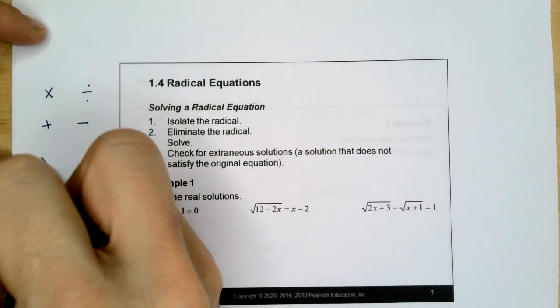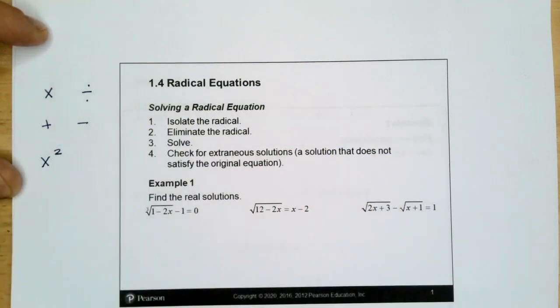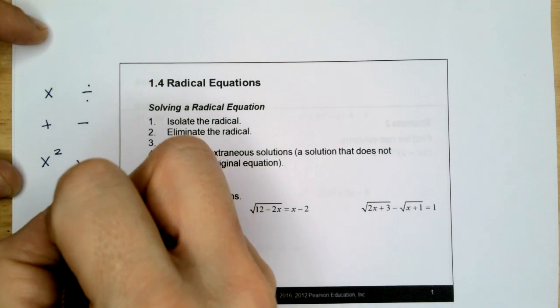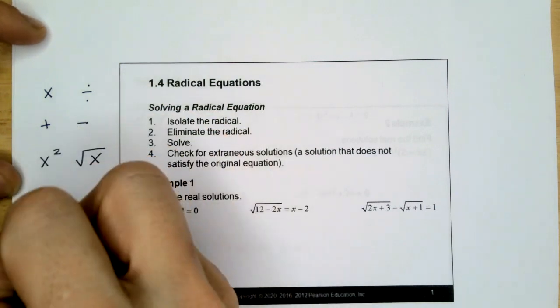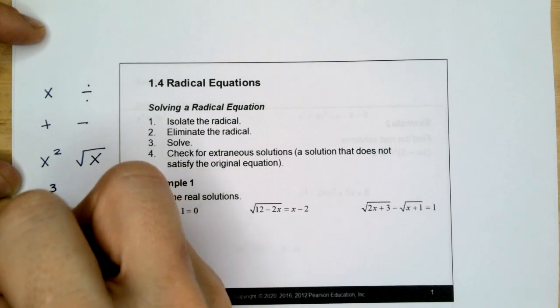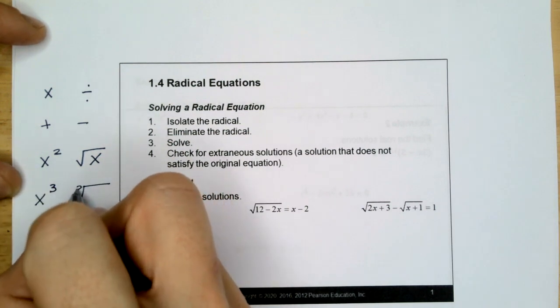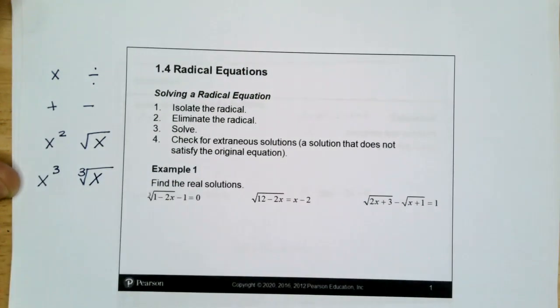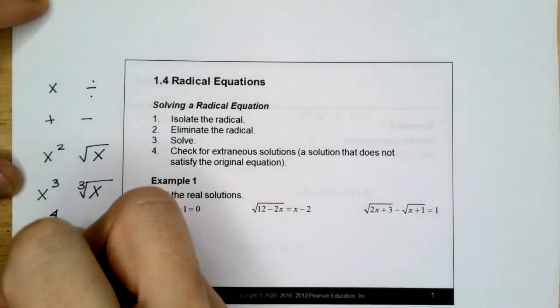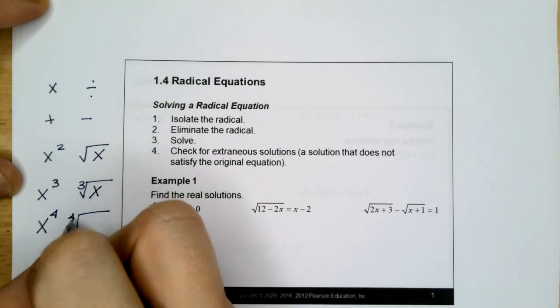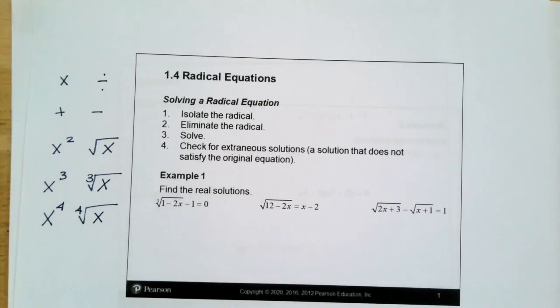And then when it comes to a square, the square root is the inverse operation of the square operation. So if you're taking a term and raising it to the third power, the third root of that term would be the inverse of that term. Good? And it continues forever. So the fourth root would be the inverse of x to the fourth power. Good?